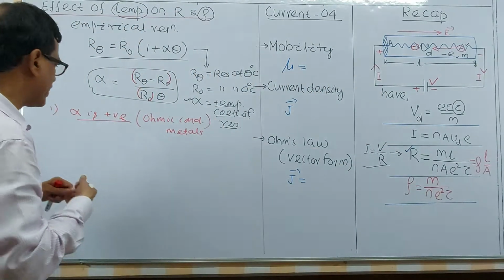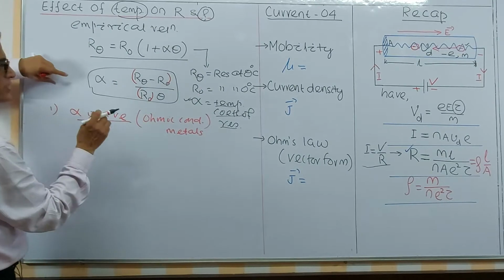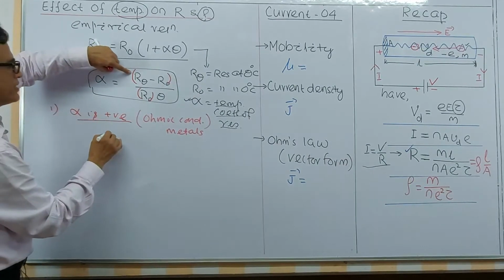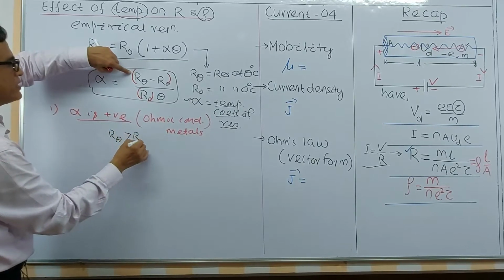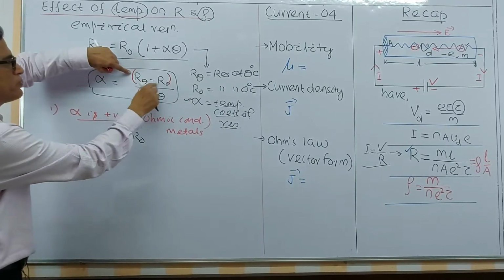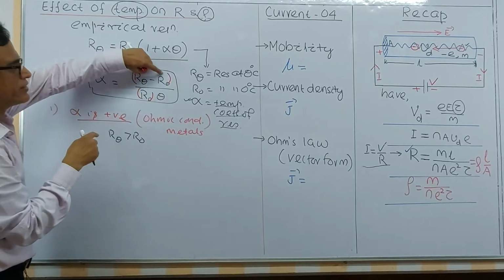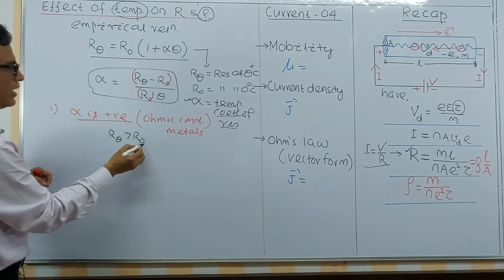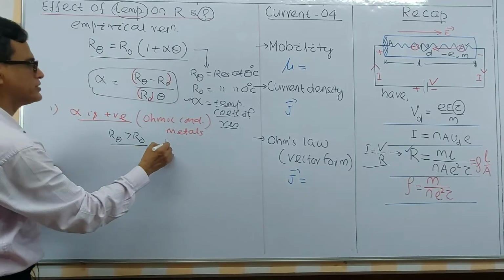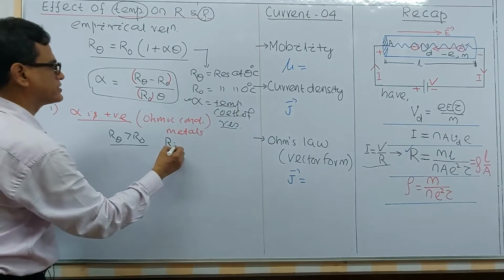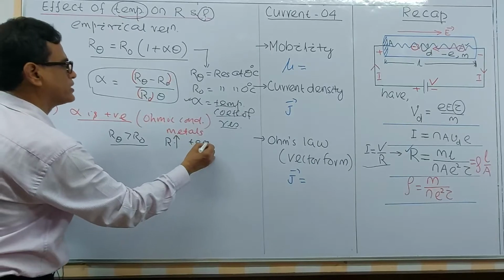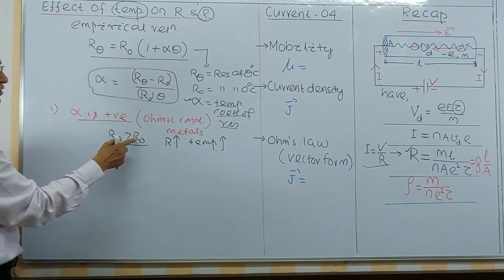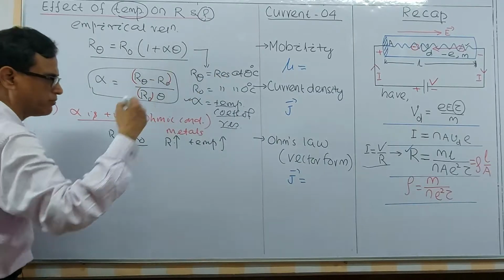This minus this must be positive, so R theta is greater than R0. R theta greater than R0 means the resistance increases when temperature increases.